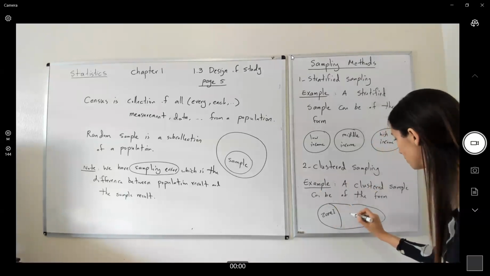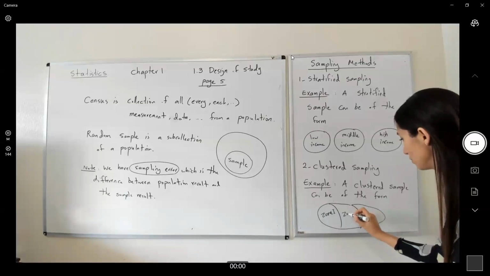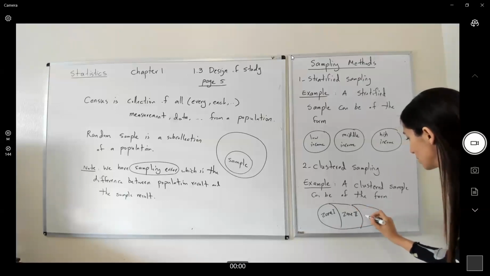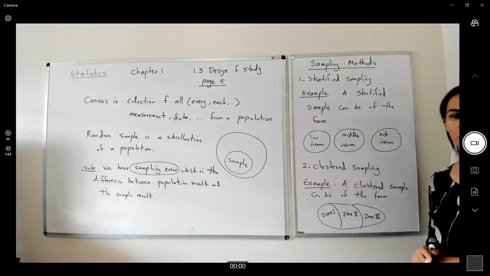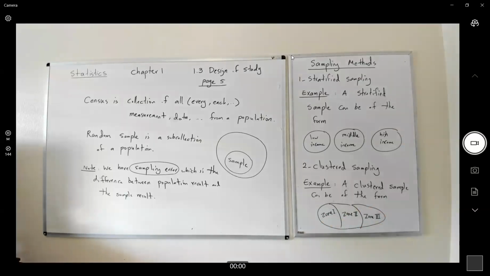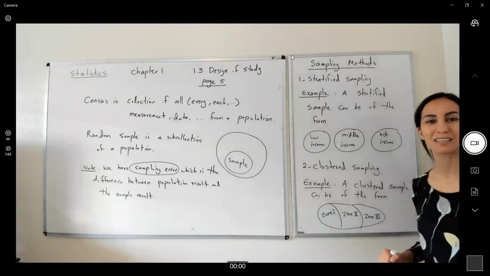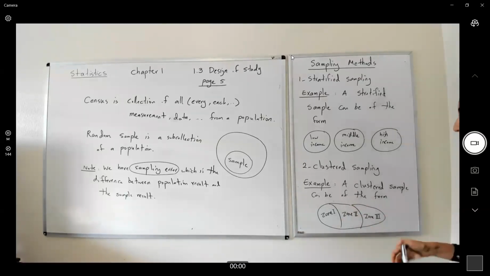Zone 1, Zone 2, Zone 3, and so on. So you just take a look at different zip codes and you randomly select the people or families from that population.